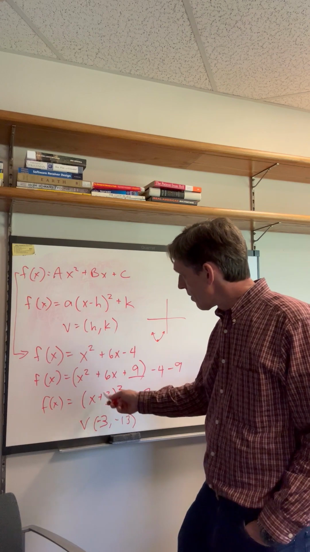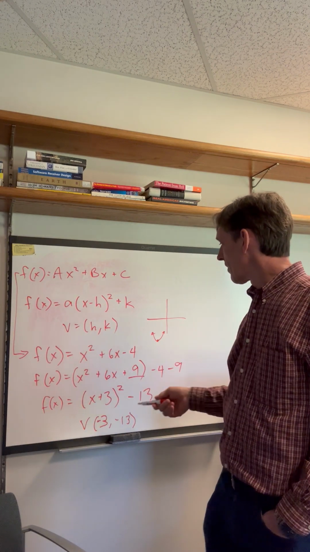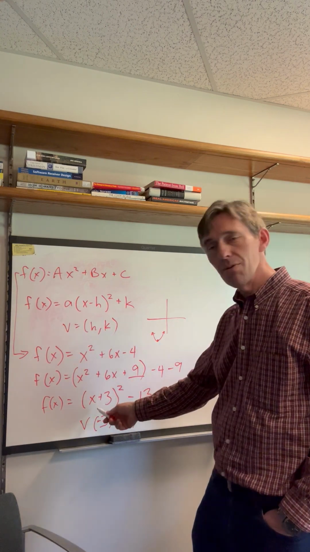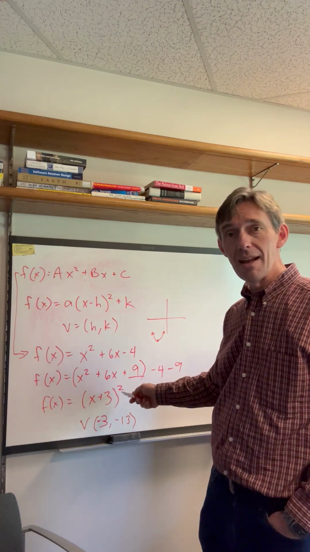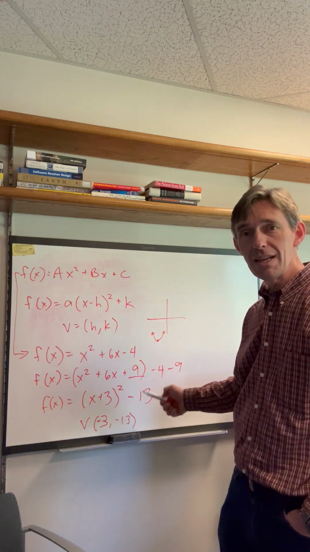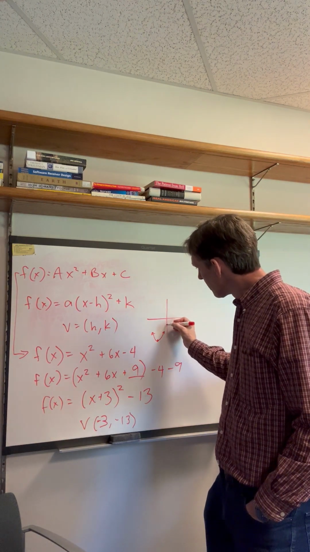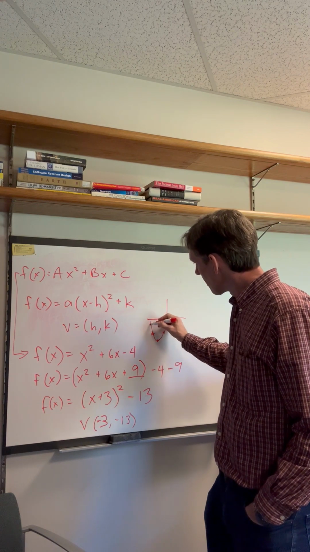If I plug 0 in here for x, I can find out where my y-intercept is. So if I plug 0 in here, I get 0 plus 3, that's 3. I square that, I get 9. 9 minus 13 gives me negative 4. So I know that this thing crosses the y-axis somewhere down here at negative 4. And it's doing something like that.